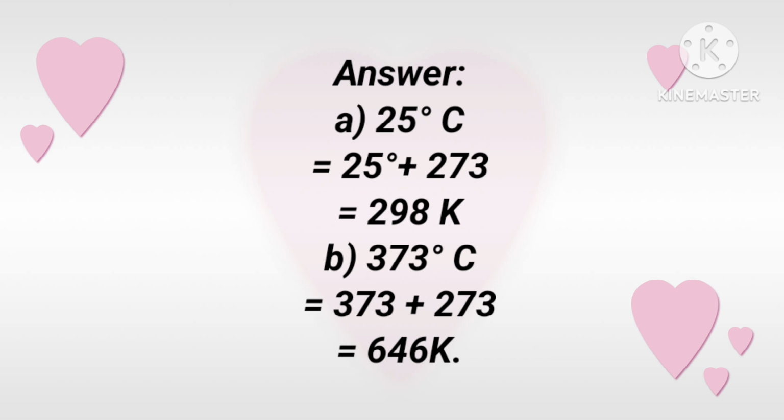So given 25 degrees Celsius plus 273, you will get 298 Kelvin. Similarly, for the other given value of 373 degrees Celsius, add the constant 273, and you will get 646 Kelvin.